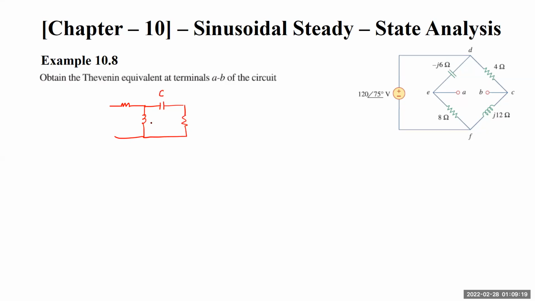This is our C, this is L, this is R, and this is our input source, and say this is our output resistance. If we have to find the Thevenin equivalent for the circuit across these two terminals, it will always be across any two terminals.